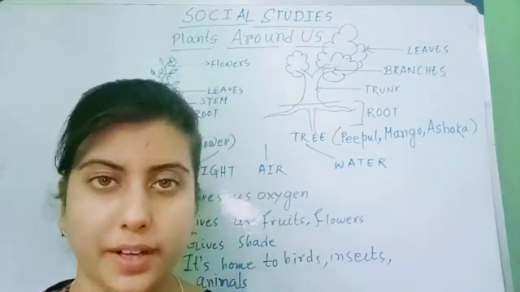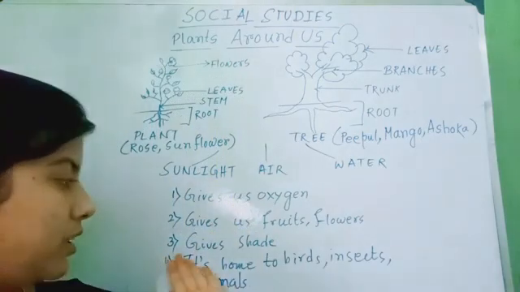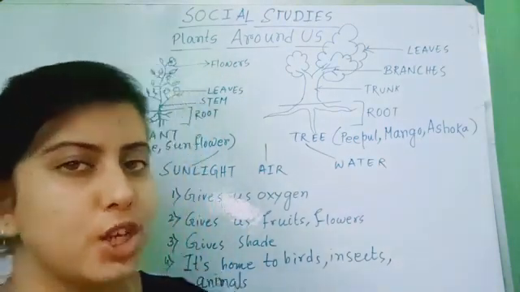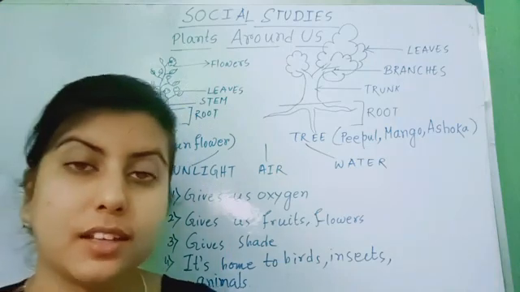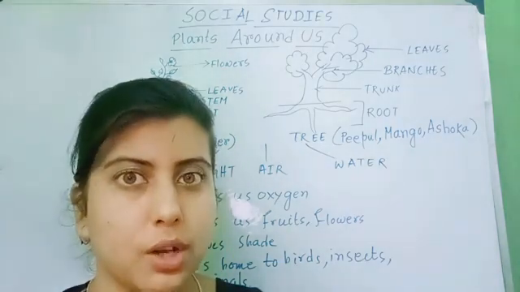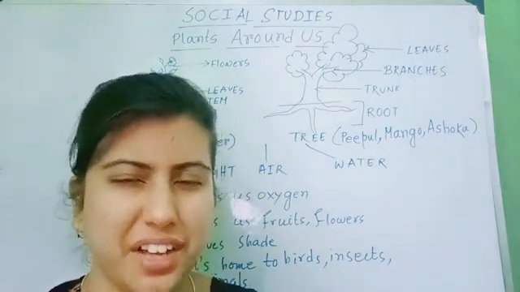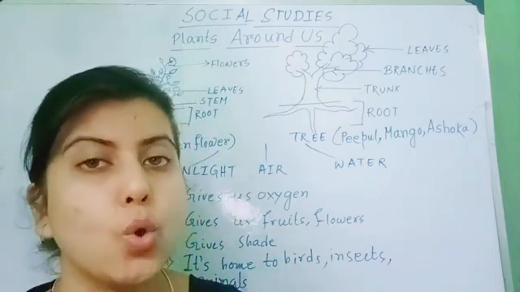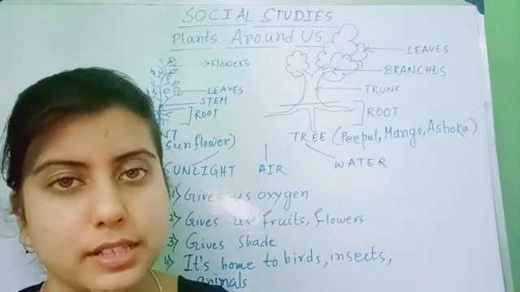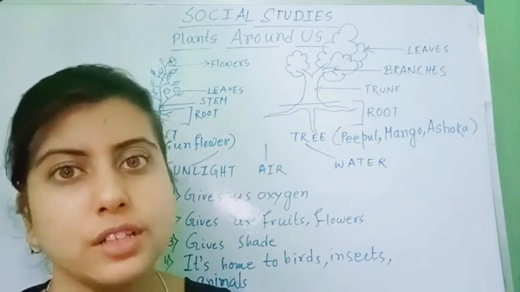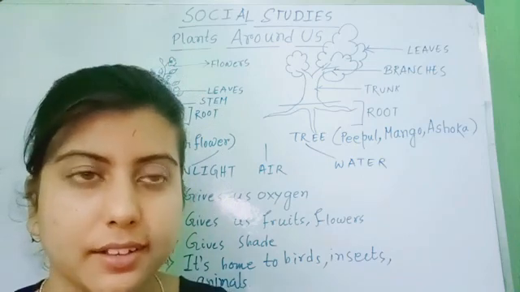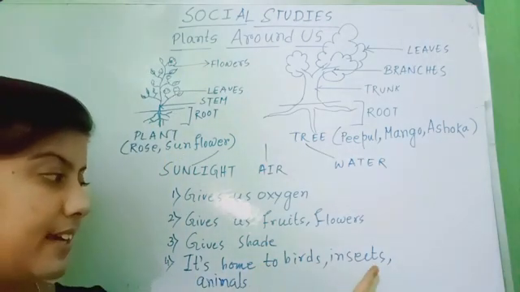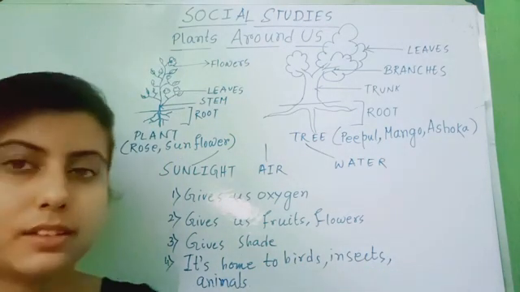The next point is that it gives shade. Trees give us shade. In the days of summer, when the sun is very scorching, then we can get cool shade under trees. And lastly, it's home to birds, insects, animals.